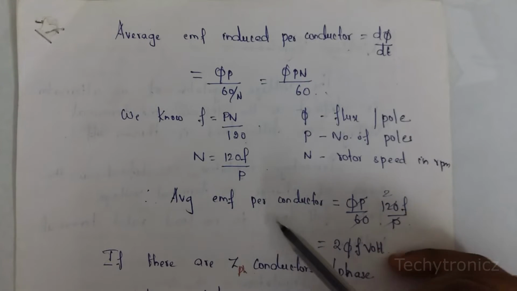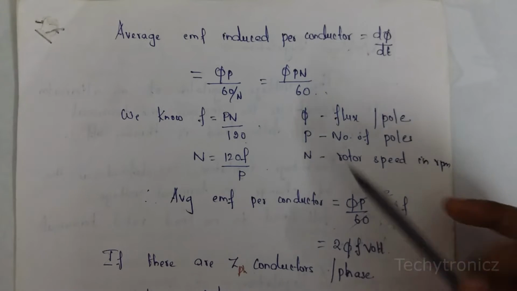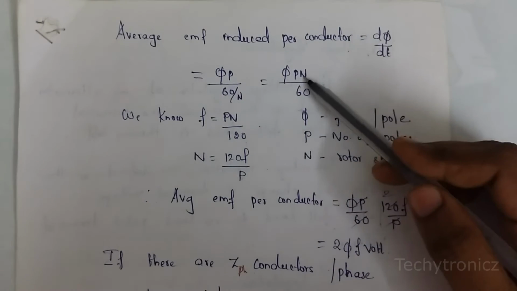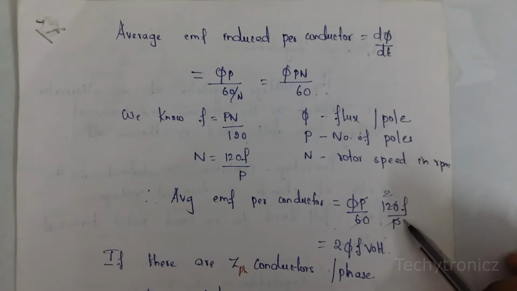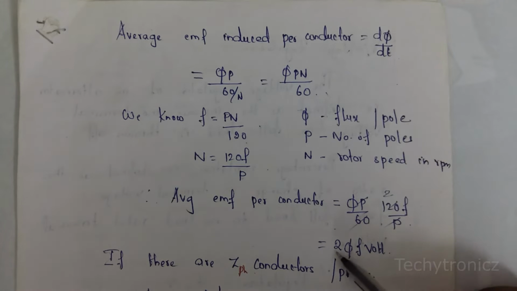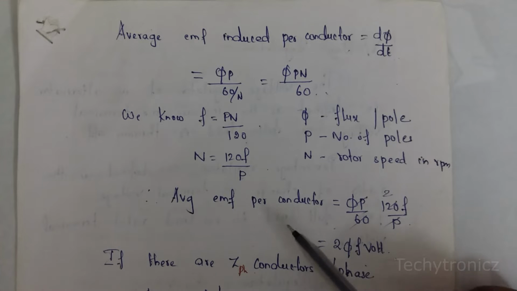Therefore the average EMF per conductor is φP/60, and instead of N you substitute 120f/P. Therefore you will get the answer as 2φf volts. So the average EMF per conductor is 2φf volts.